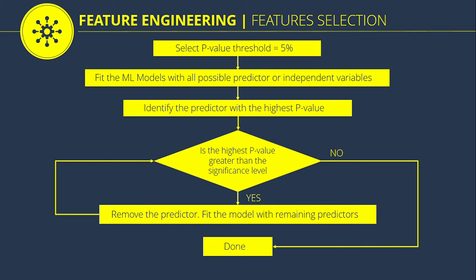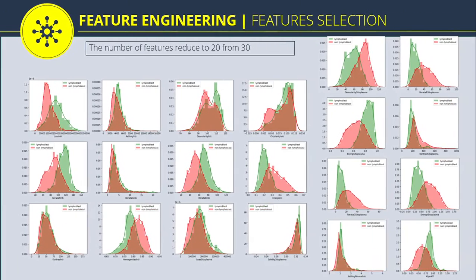Is the highest p-value greater than the significance level? If yes, we remove the predictor. If no, we keep the features. After feature selection, the number of features is reduced from 30 to 20, that we can see in this page, to be processed next.